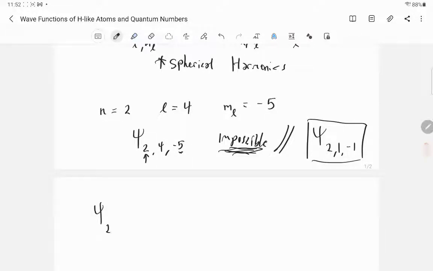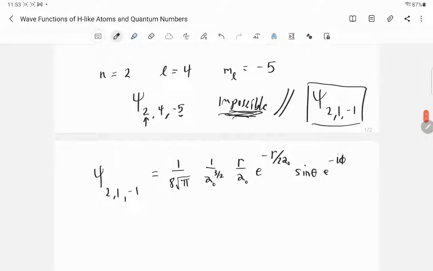So psi sub 2, 1, -1 is the following function: 1 over 8 times the square root of pi, times 1 over a naught raised to 3/2, times r over a naught, times e raised to the minus r over twice a naught, times sine of theta, e to the minus i phi.